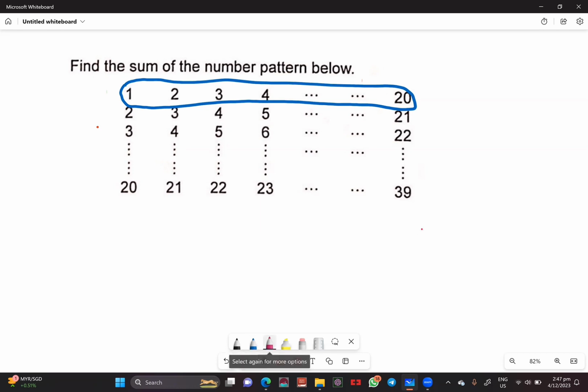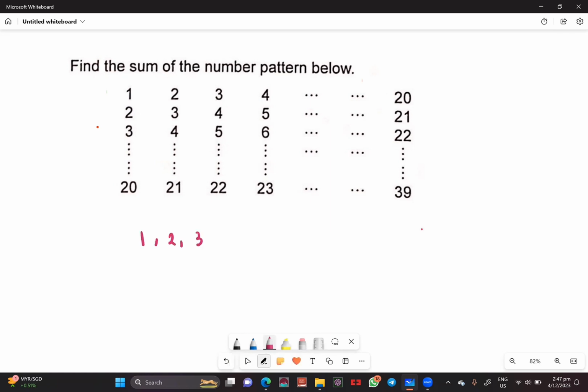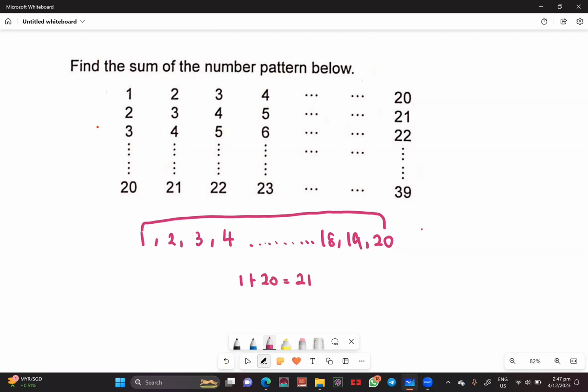Okay, now for the first one, if I have these numbers, from 1, 2, 3, 4, all the way until 18, 19, 20, I just want to show you something. If you were to pair up 1 and 20, the first number and the last number, and you add them up together, you realize that you get to the total of 21.